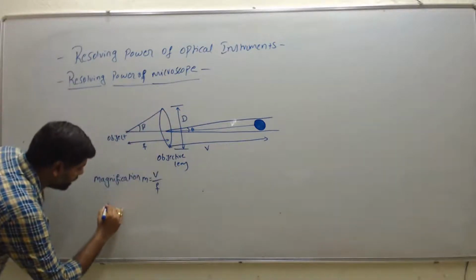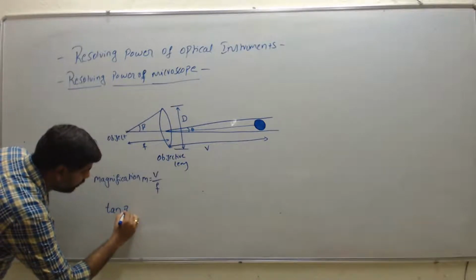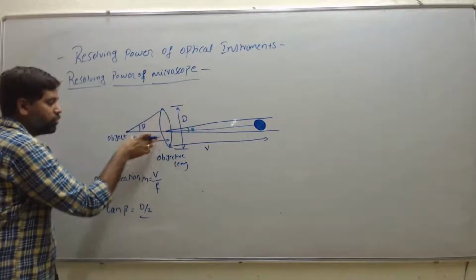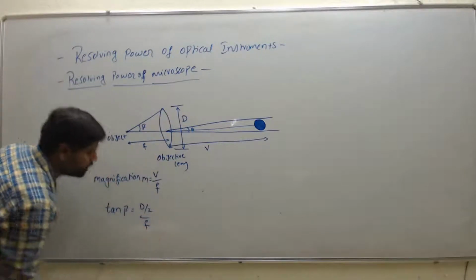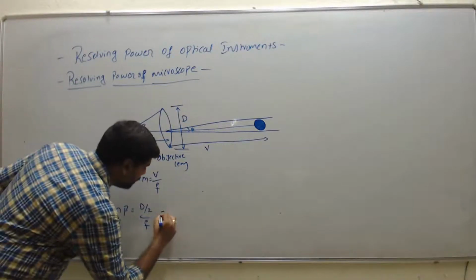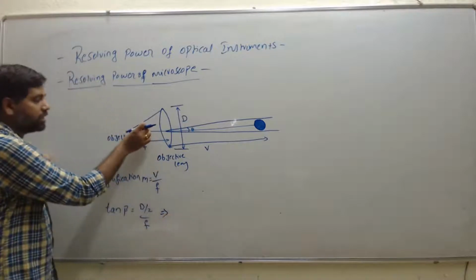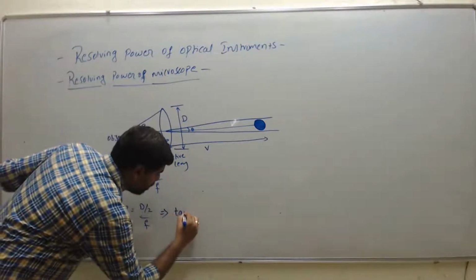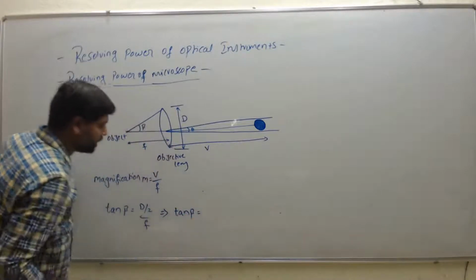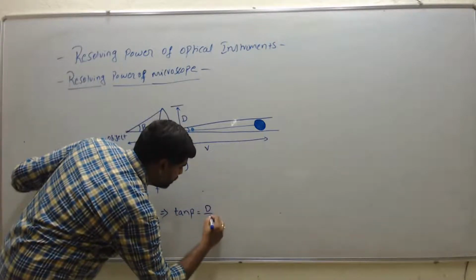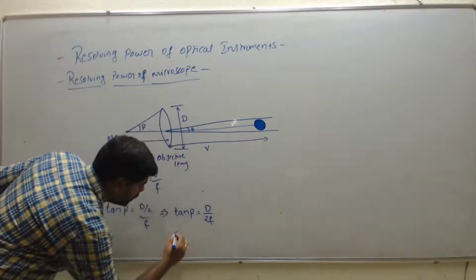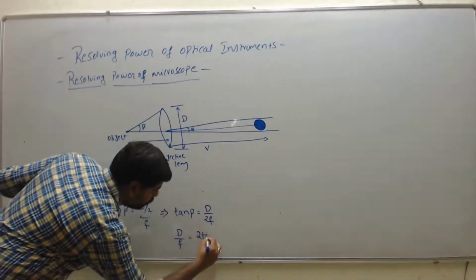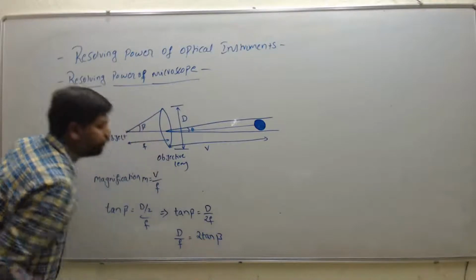Then tan beta is equal to the opposite side, that is D by 2, divided by F. The angle is very small, hence we can write beta or tan beta equal to D divided by 2F. So D by F can be written as 2 tan beta.